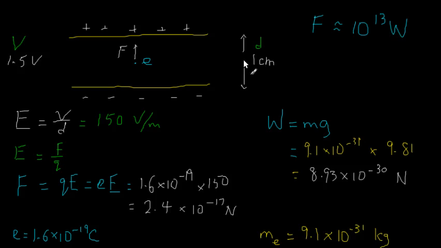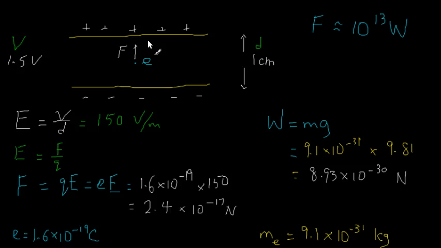Now what I want to do next is to calculate the motion of the electron. For this example, I want to calculate how long or how fast the electron will move when it accelerates under this force.